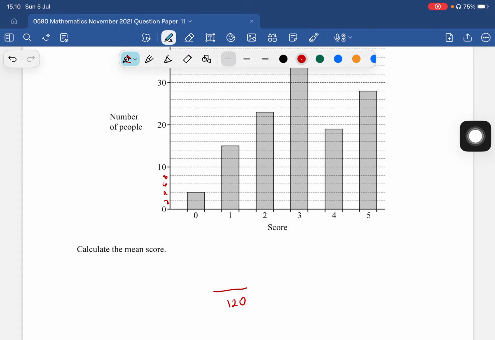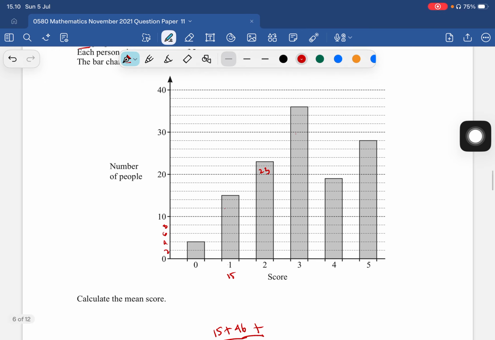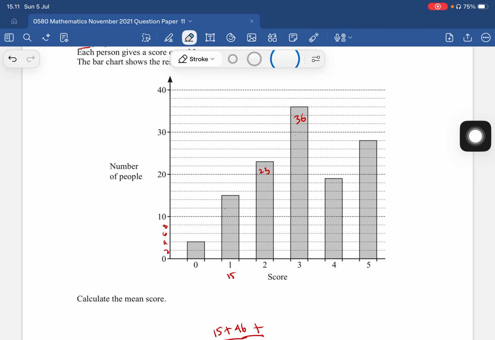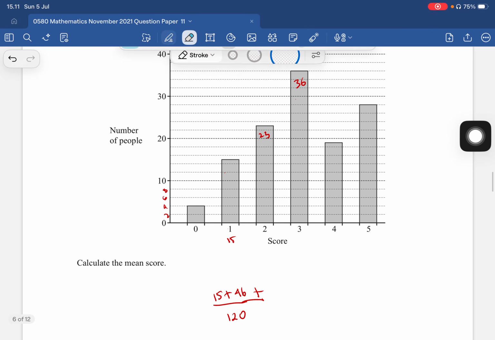We got 1. How many people here? 15. So 1 multiplied by 15 equals 15. Plus 2 multiplied by 23, so plus 46. And then 3 multiplied by 36, we got 108.